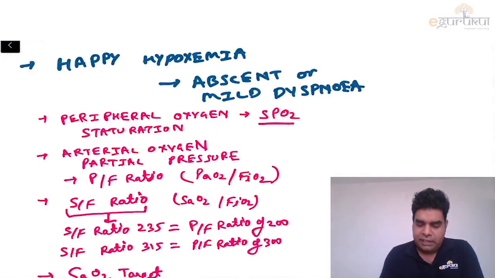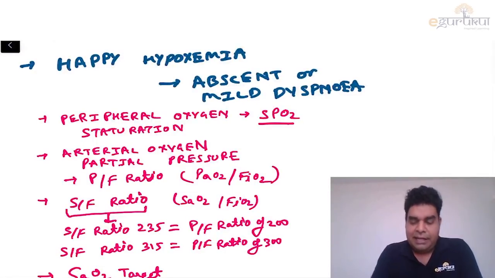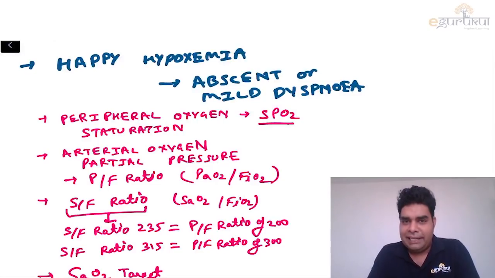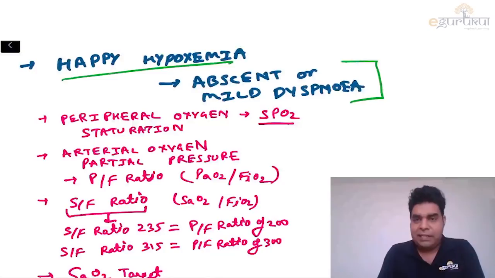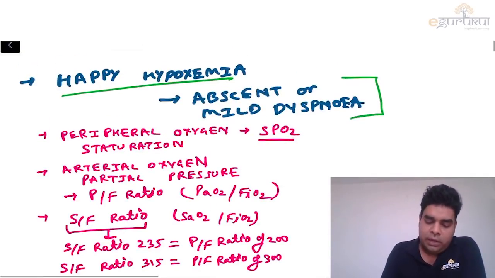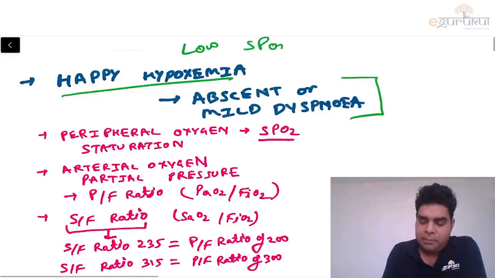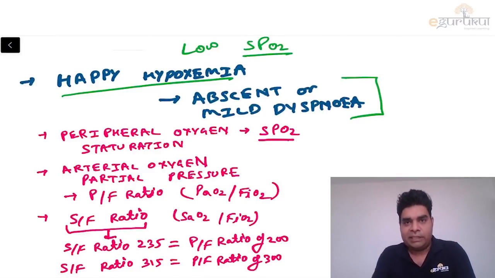First thing is that there can be some situations where there is absent or mild dyspnea, but the patient has low SpO2, which you are measuring by pulse oximeter. That is the peripheral oxygen.